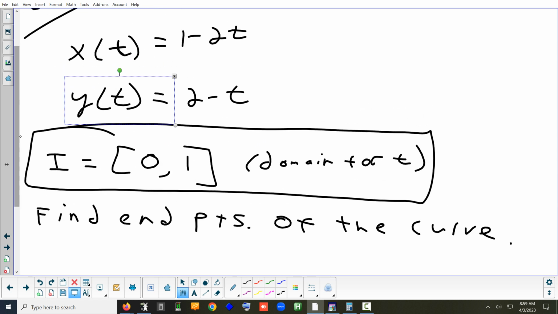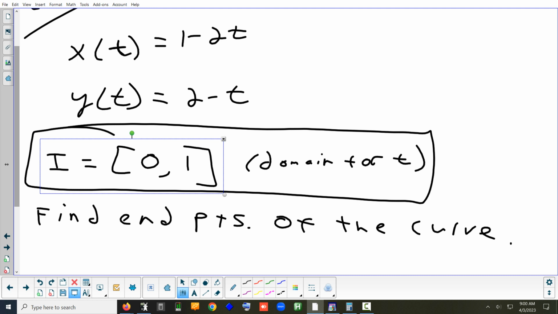Okay, so let's find the endpoints of this curve. We'll do it by hand, and then we'll sketch it on the calculator. Okay, what value here is going to control where this graph starts? Yeah? Which is 0. So 0 is going to control where it starts.